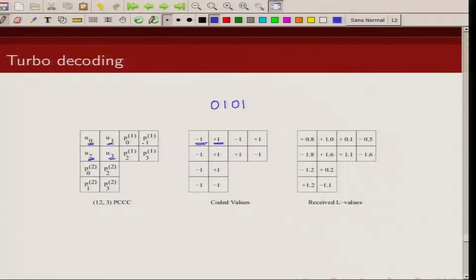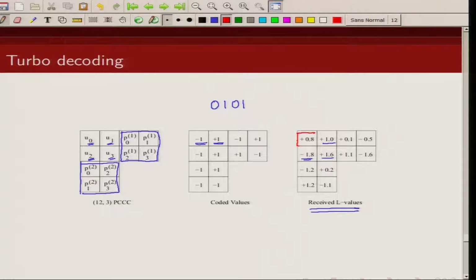These are the corresponding parities for this information sequence from encoder 1, and these are the corresponding parities from encoder 2. Now, what I have here are the received values. You can see this was transmitted as plus and I received a plus, this was transmitted as plus and I received a plus, this was transmitted as -1 and I received a minus, but here the sign has changed.